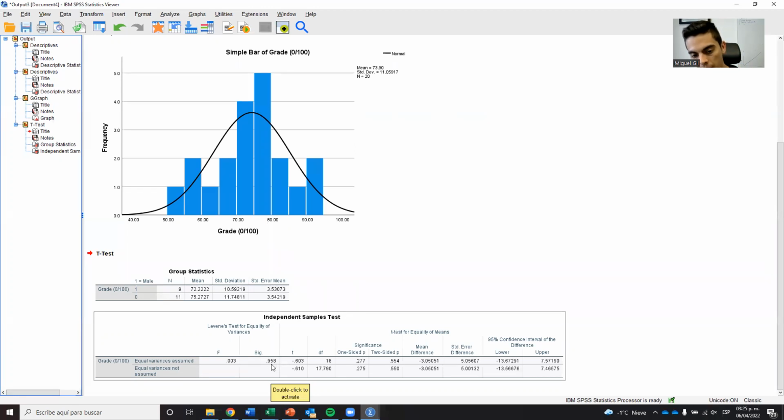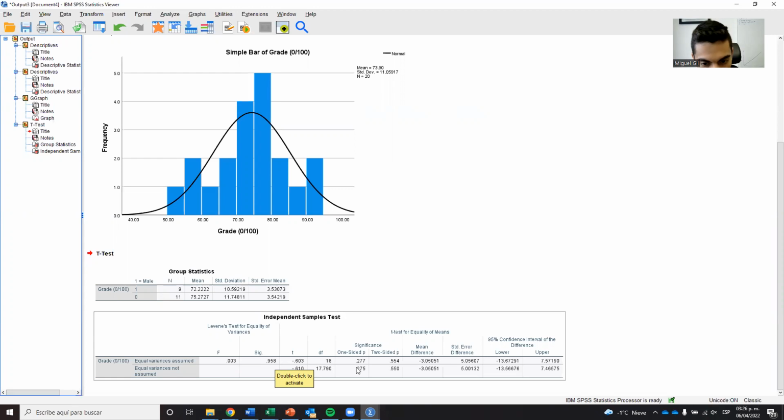So the significance is higher in this case, so I will use this one. If you get a significance lower than 0.1, then you use the other one, okay? But most of the time you will get this because you have equal variances. That's another of the assumptions that you need in order to do a t-test. So whenever you already have normality in the dependent variable and you have a proper variable that you can use to compare with, most of the time you will get this higher than 0.1 because the variances are similar.